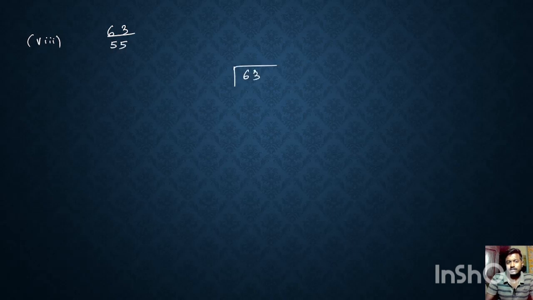Okay, now next question, question number V third I, the last question of this set. So 63 divided by 55. Now divide 63 by 55. So first 55 1s are 55. So 8, now here is 5, 0. So for the decimal, that is 80. 1 times 55, then 25, 250.